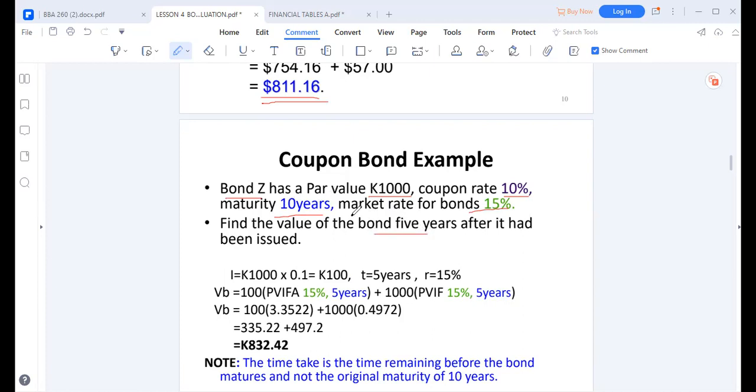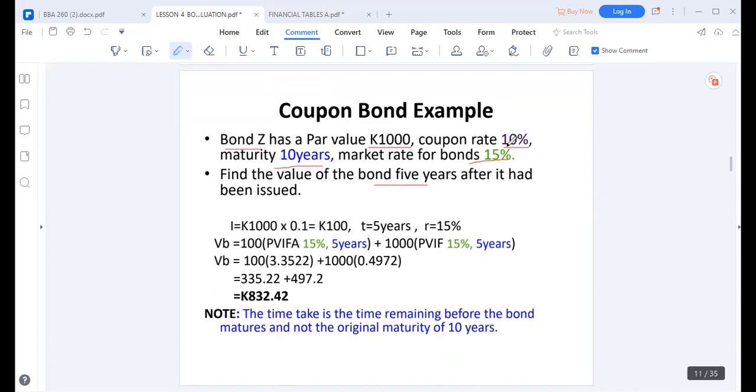So the time is 5 because of the difference in years. So small i times capital maturity value, the 100 is where the maturity value is coming from. 15 is the market rate. 15, 5 will give us 3.3. 15, 5, 0.49. When you compute it, we get 832. This is our bond.